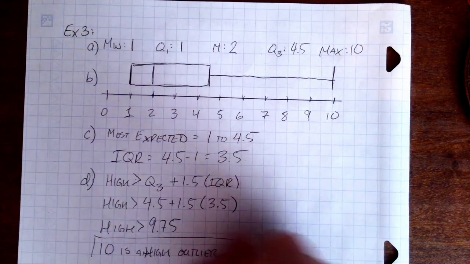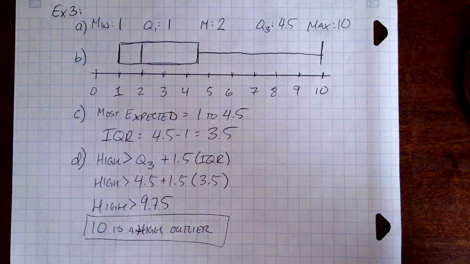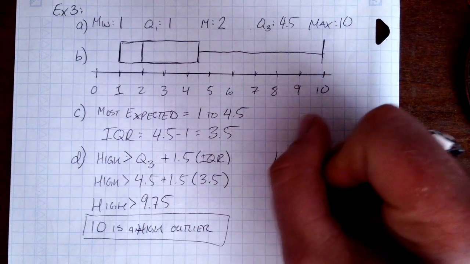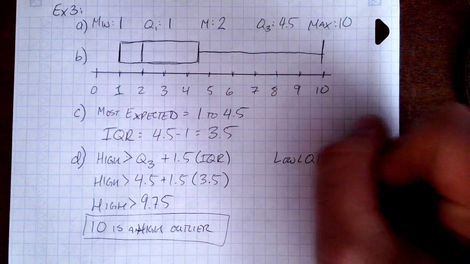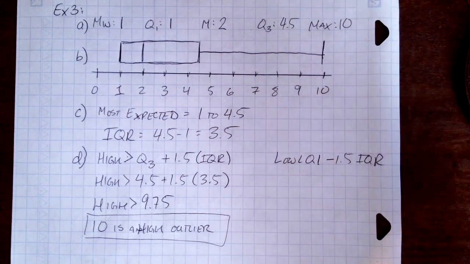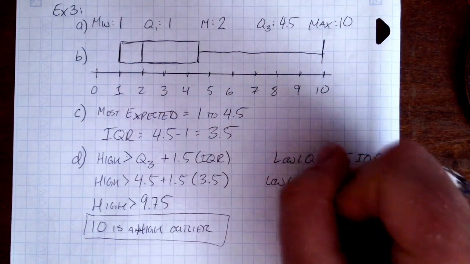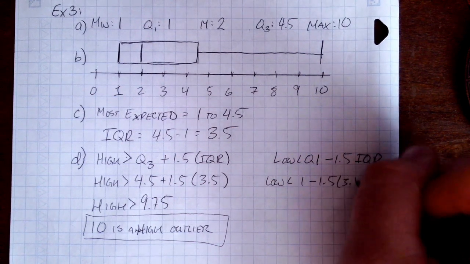You don't always have outliers. Sometimes you have them in one direction, occasionally in both. But we always need to check for the low as well. The low is going to be lower than Q1 minus 1.5 times your IQR. So our low outliers are going to be smaller than 1 minus 1.5 times 3.5.